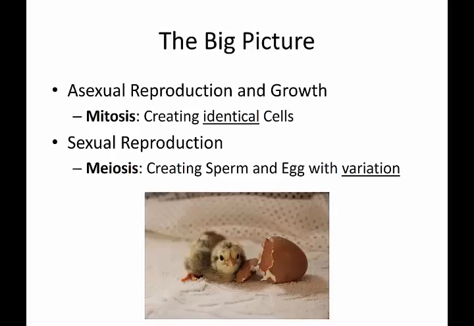So here's really the big picture. Some organisms need to do asexual reproduction, and all organisms need to grow. Asexual reproduction, you can think of a starfish. If you cut the arm off of a starfish, or if the starfish loses an arm, it can regrow a whole entire new starfish from that arm.